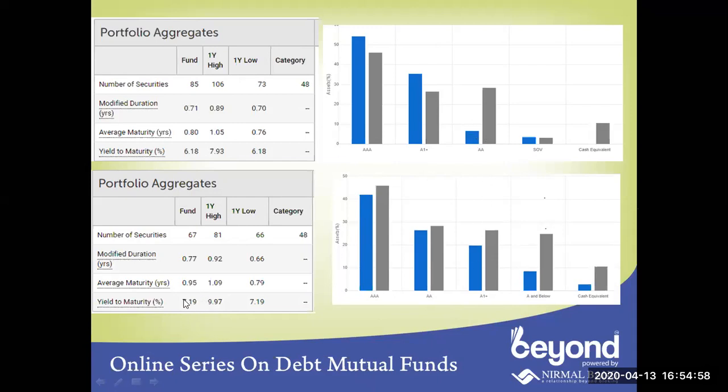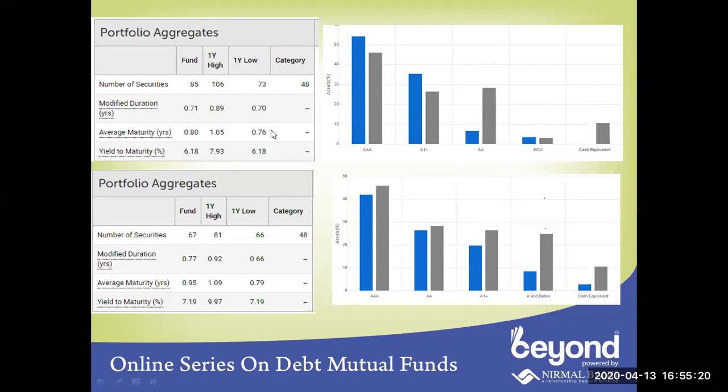The fund is giving you a higher YTM just because it's taking higher risk. I hope this is clear to you all. In debt funds, sorting based on returns or on YTM doesn't actually help to select a good fund.